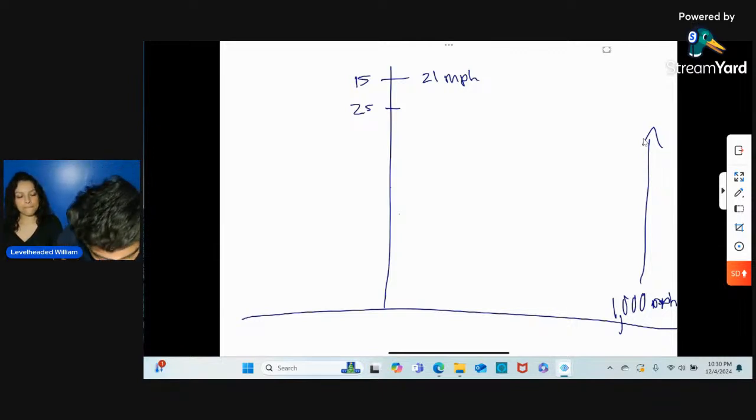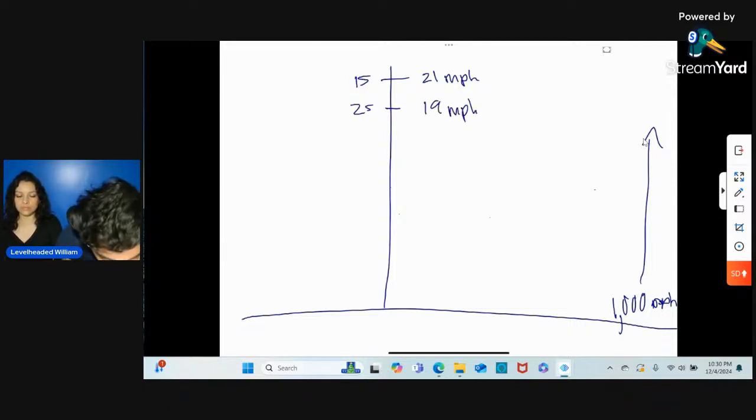There we go. So in the second second, again, because the air is pushing up, slowing down the deceleration rate, it cannot decelerate at the same rate it did in the first second. So it cannot lose another 21 miles per hour in the second second or more, because the resistance is less now. Not only that, the air is also pushing up, slowing down the deceleration rate. So now we'll say it's at 19 miles per hour.